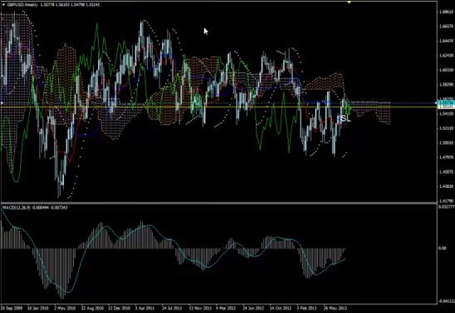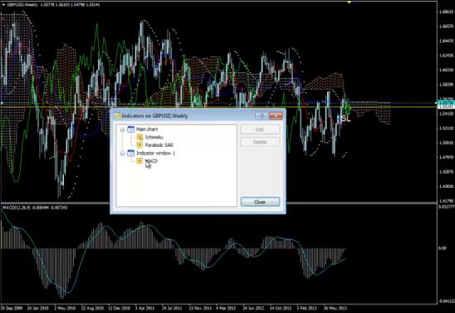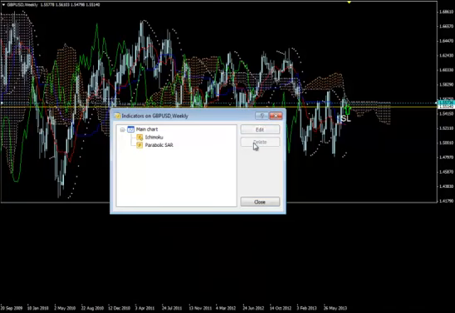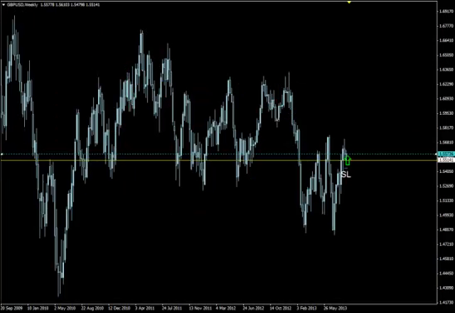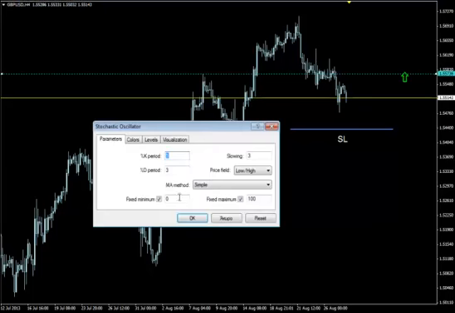So let's now remove the MACD, the PSAR and the Ichimoku, and let's go to H4 and insert oscillators.